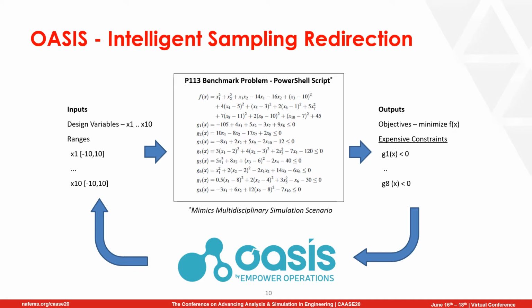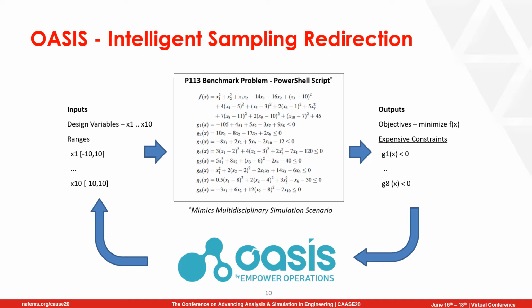Whenever Oasis calls the PowerShell script with the value of 10 input variables from the given input variable bounds, the PowerShell script outputs the value of fx and the value of g1 to g8, which are the expensive constraints, and they should be less than 0. And we are minimizing the value of fx.